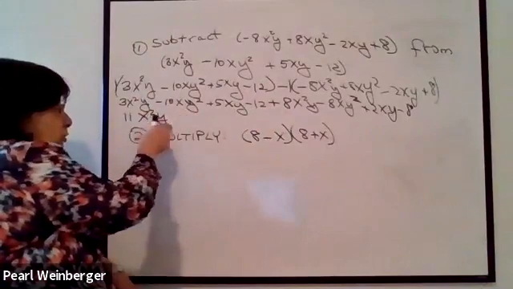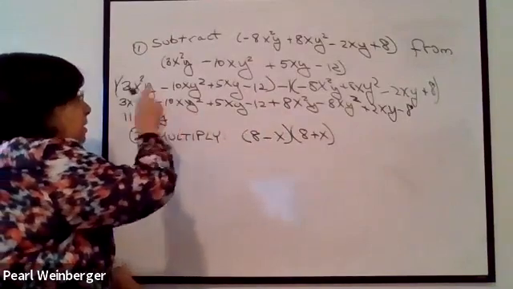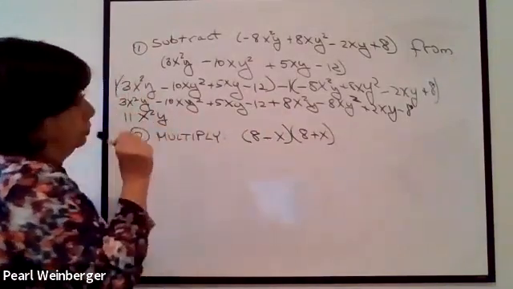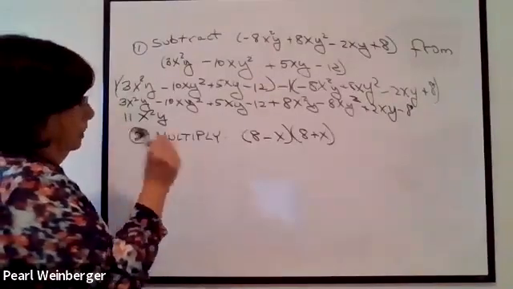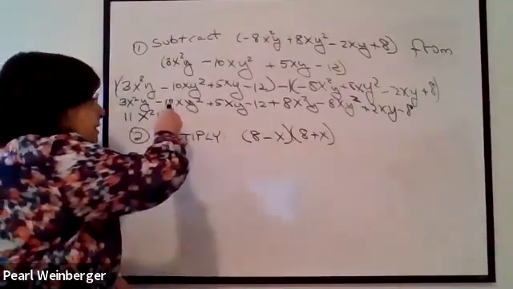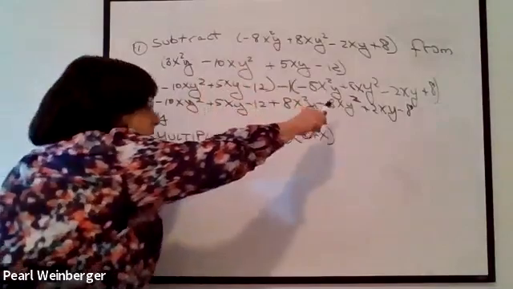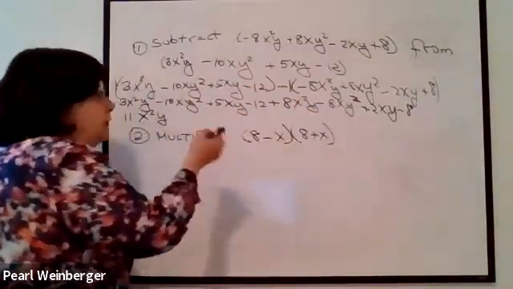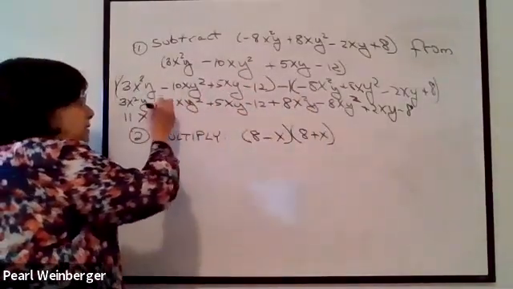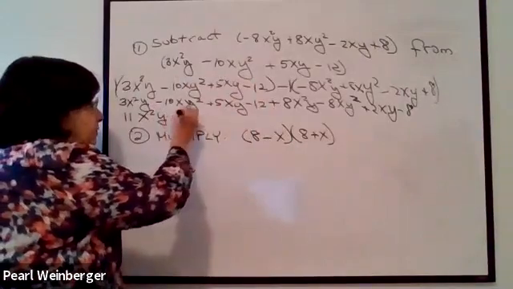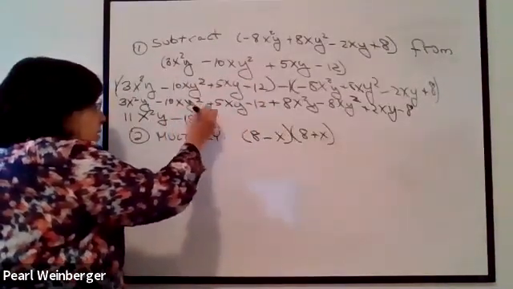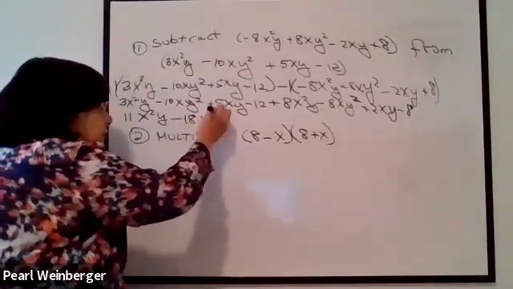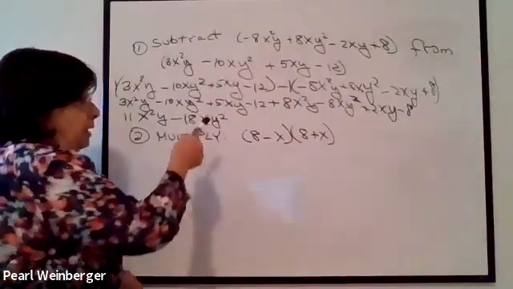That's not a like term, even though it looks very similar. It has to be identical in terms of the letter parts. There's a negative 10xy squared and a negative 8xy squared. Those are like terms. Negative 10 and negative 8 is negative 18, so this becomes negative 18xy squared.